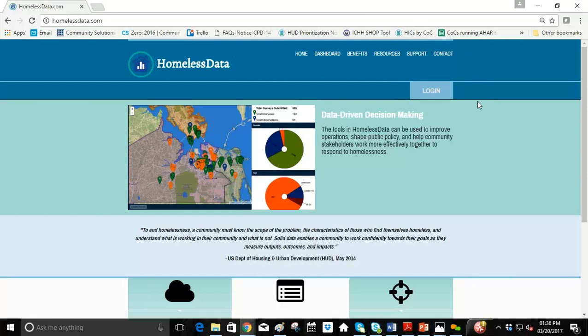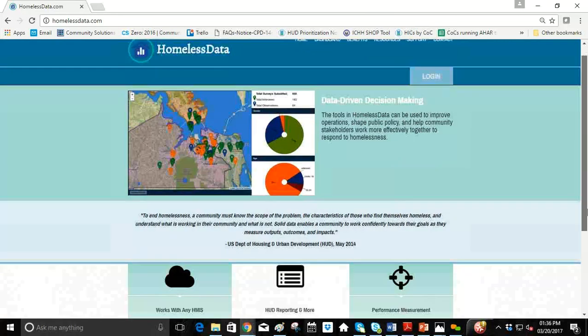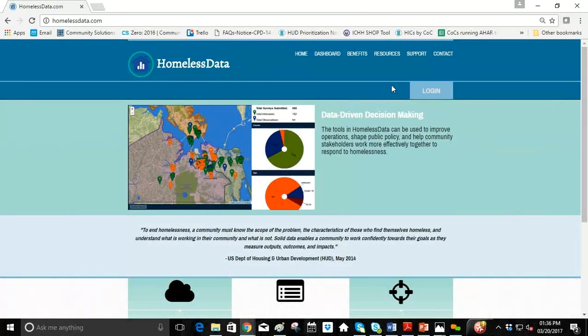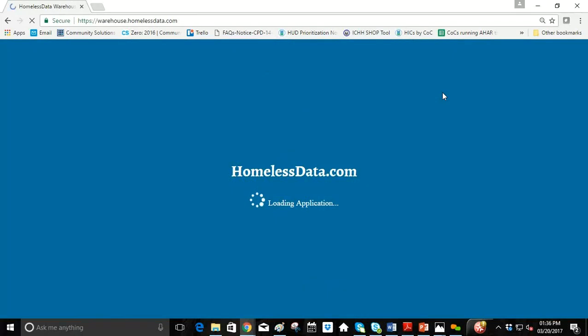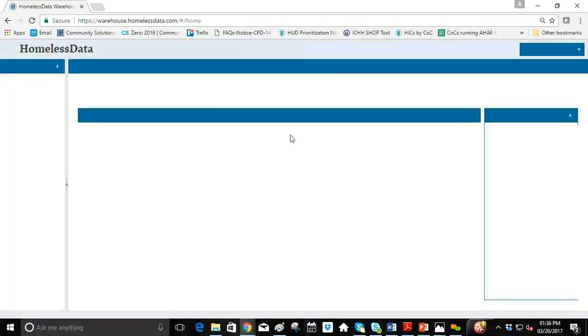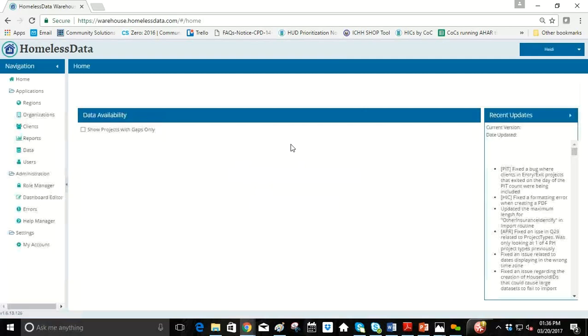So this is, I'm sure most of you have seen it, the HomelessData webpage, HomelessData.com, where we post a lot of different information, but it's also really the portal into the data management side of things. So I'm going to go ahead and log in. I don't know if all of you have logins because I'm not totally sure who's on the call.